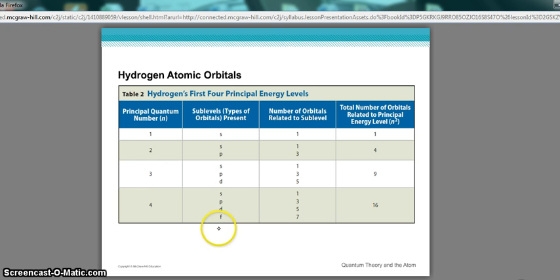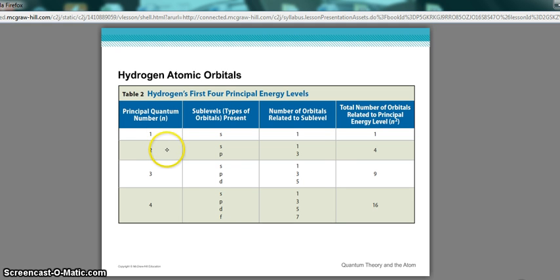Now, let's kind of summarize everything I just told you. All right, so in the first energy level, which is closest to the nucleus, there is only one sublevel, and it is an S sublevel. And we said that an S sublevel is what shape? Spherical. So there's only one in that first energy level.